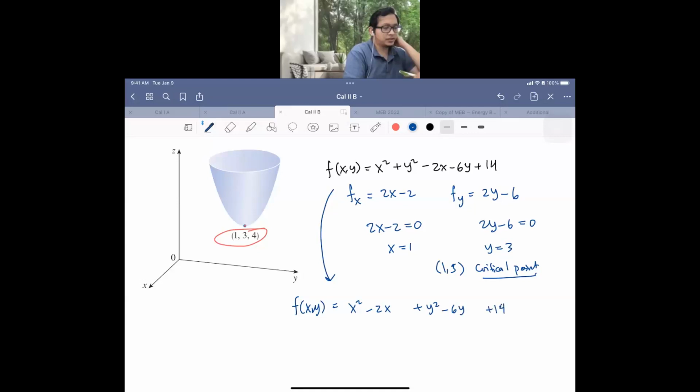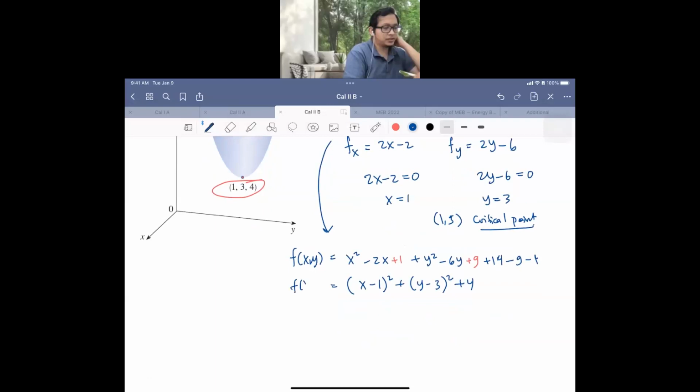We can solve this and complete the square, so we will have plus 9 minus 1, which is 4.